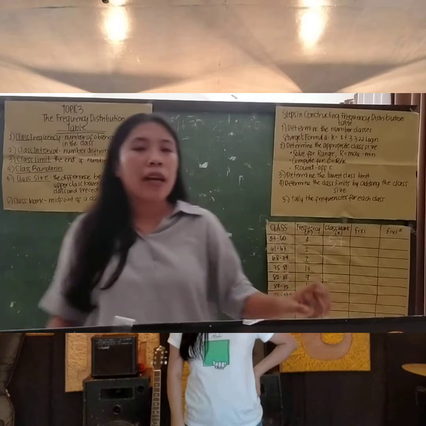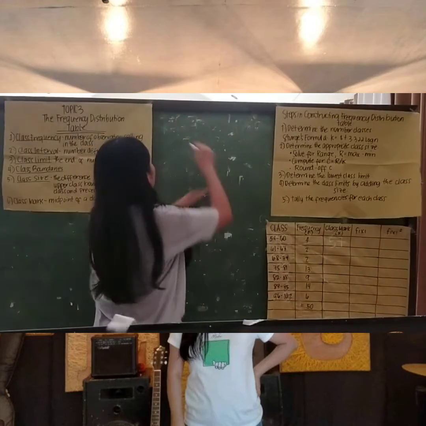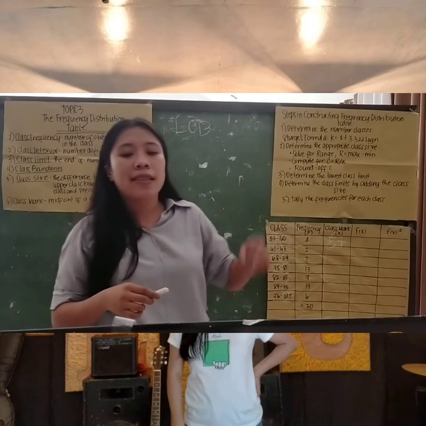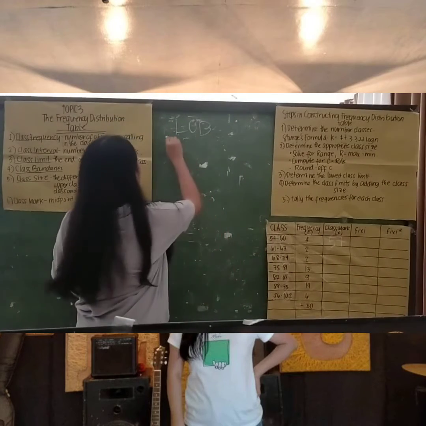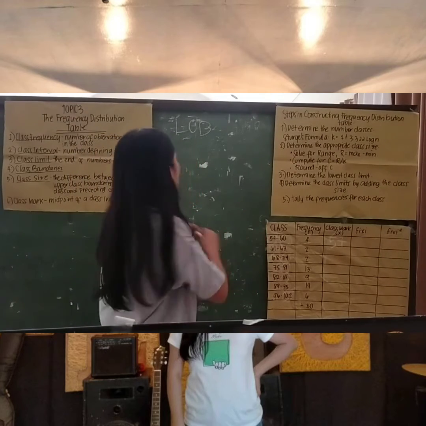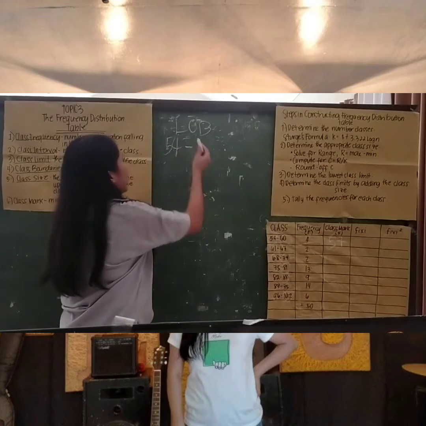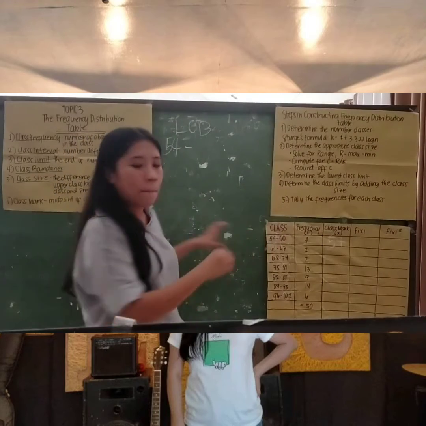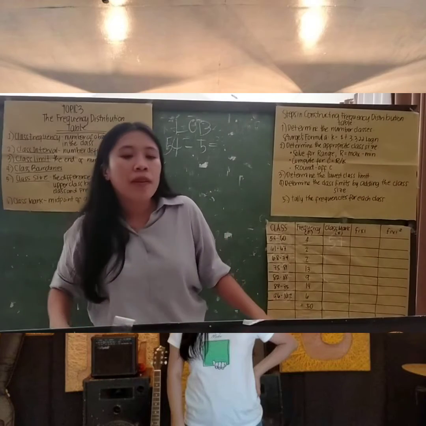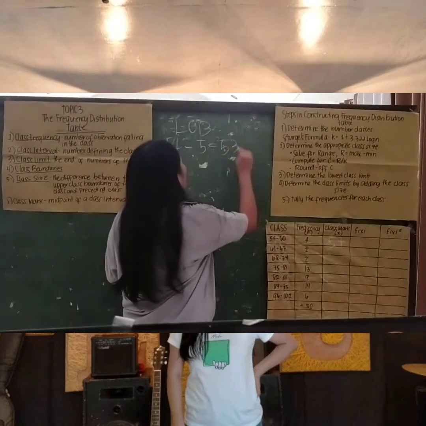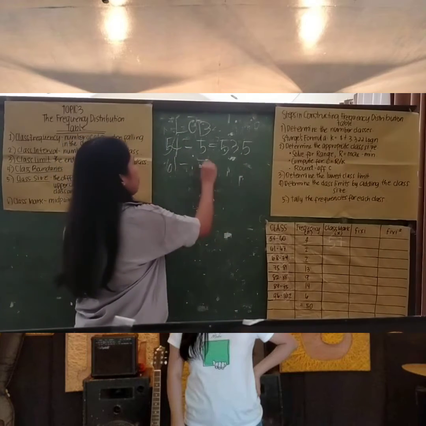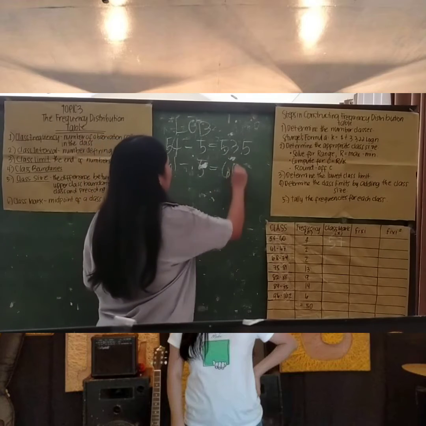To get our LCB, we take the lowest class limit minus 0.5. Our lowest here is 54, minus 0.5 equals 53.5. Likewise, 61 minus 0.5 equals 60.5.